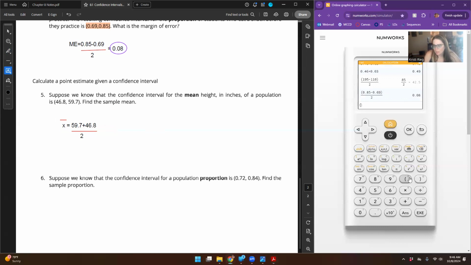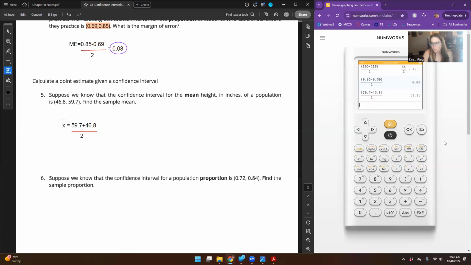Again, I'm going to use parentheses on my calculator because let me just show you what happens if you don't. I think I've done this before, but 59.7 plus 46.8 divided by 2. See how the second one goes up? I don't want to do that. So let me try this again with parentheses, 59.7 plus 46.8, close parentheses. Now when I hit divided by, everything goes up.